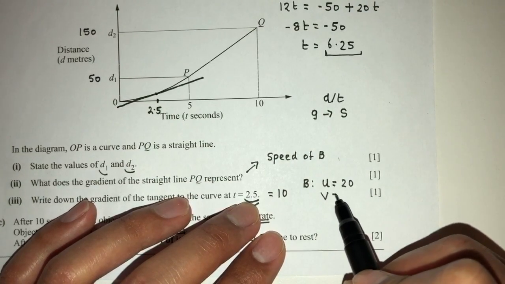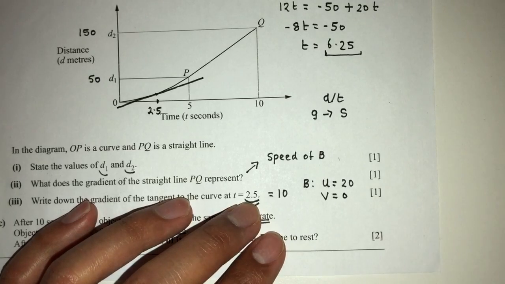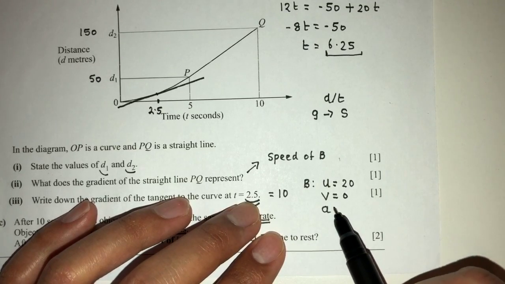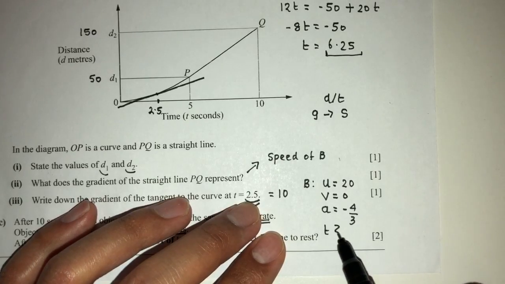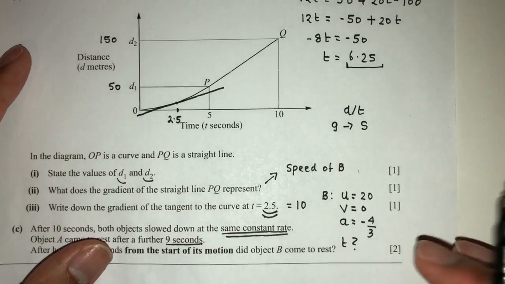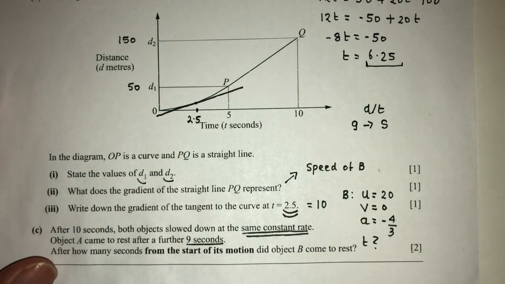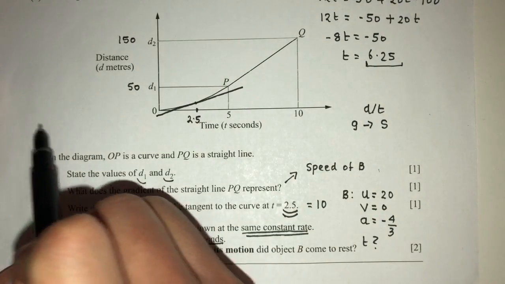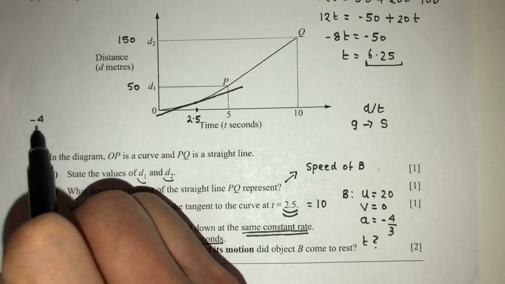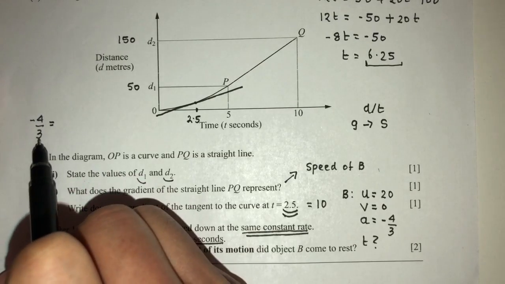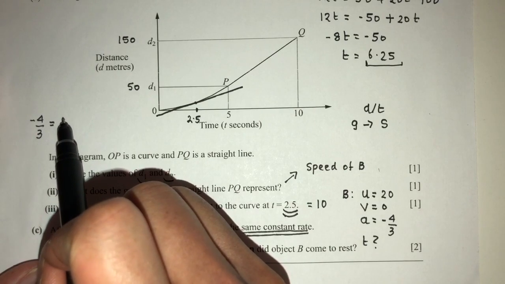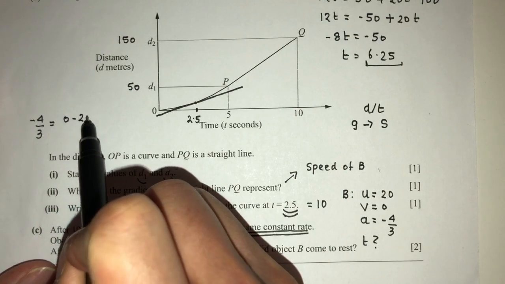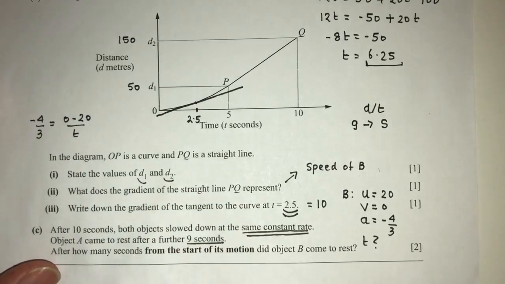So that will be 20. The final speed will be 0 because we need it to become at rest. Now we know the acceleration is minus 4 over 3, so we want to find the time taken. Now we just have to replace in the formula. So that will be minus 4 over 3 is equal to, of course, final speed minus initial speed over time taken.